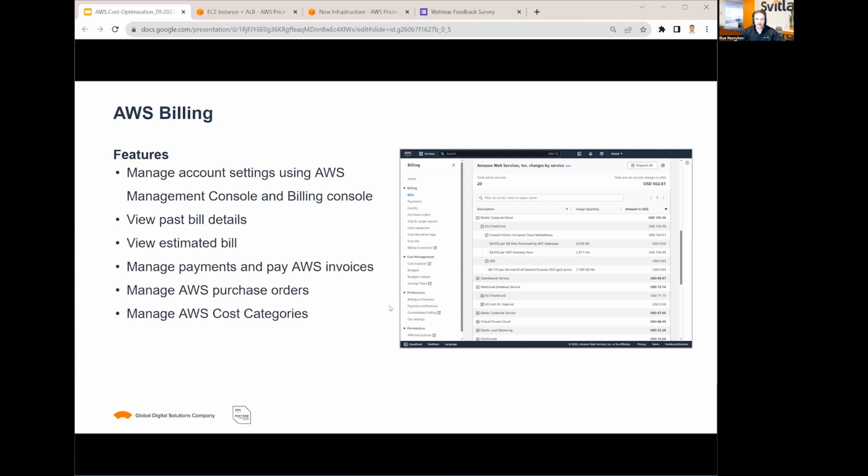Later, as you see, it contains some additional features, which are cost allocation tags and cost categories, and later we will take a look at how we could use them.